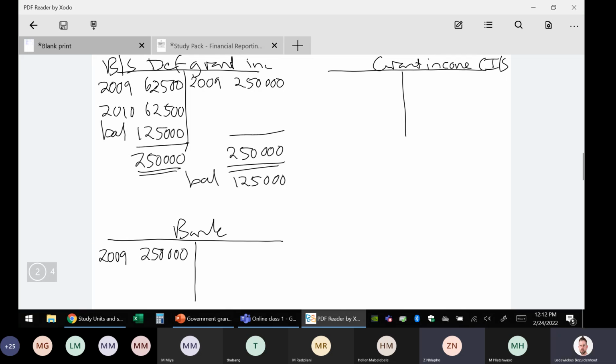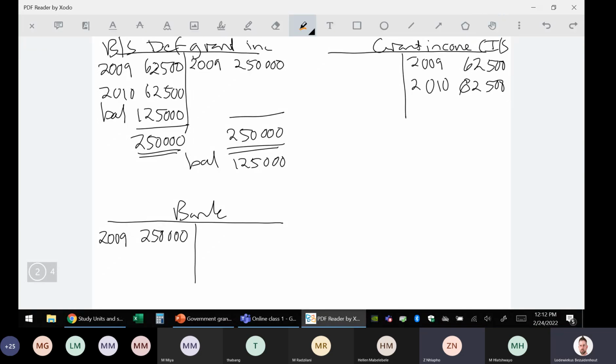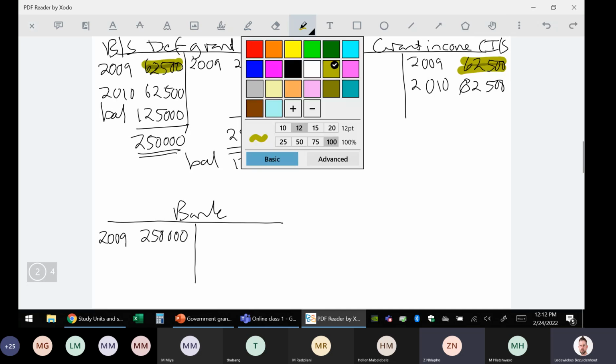Grant income, 2009 was 62,500. 2010 was 62,500. And remember, the income statement just goes to your statement of changes in equity. So it is just gone.